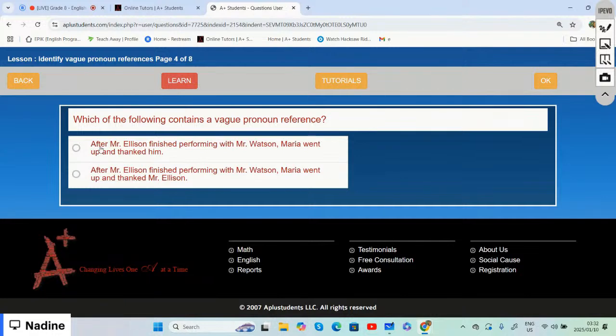It says, after Mr. Ellison finished performing with Mr. Watson, Maria went up and thanked him. Or option two, after Mr. Ellison finished performing with Mr. Watson, Maria went up and thanked Mr. Ellison.